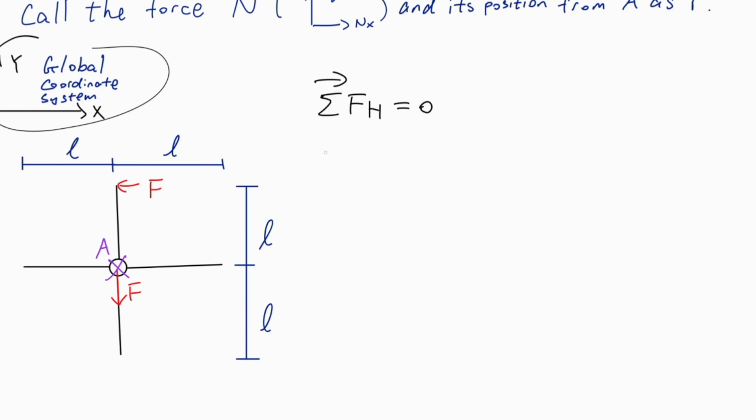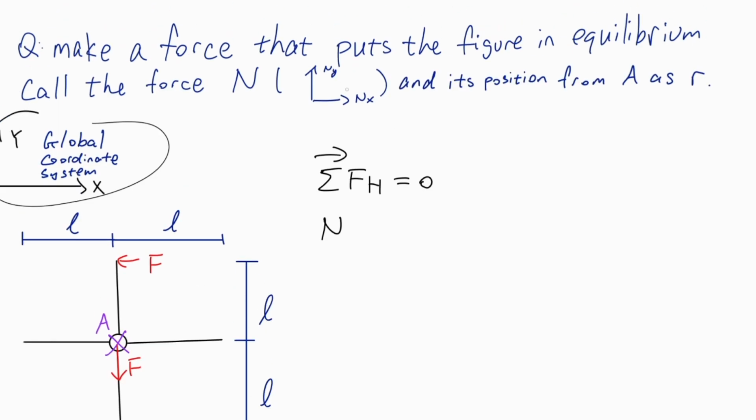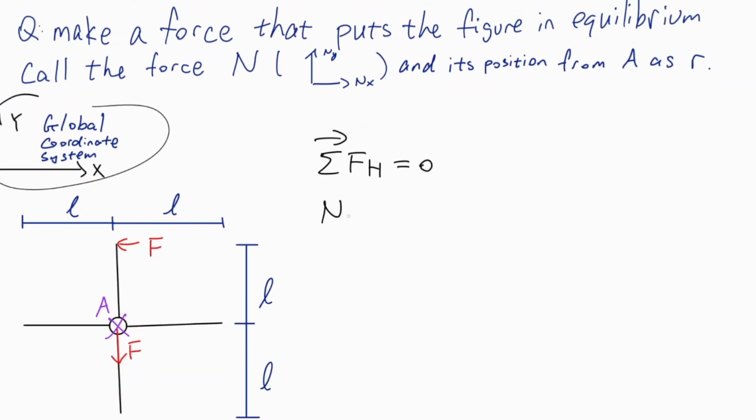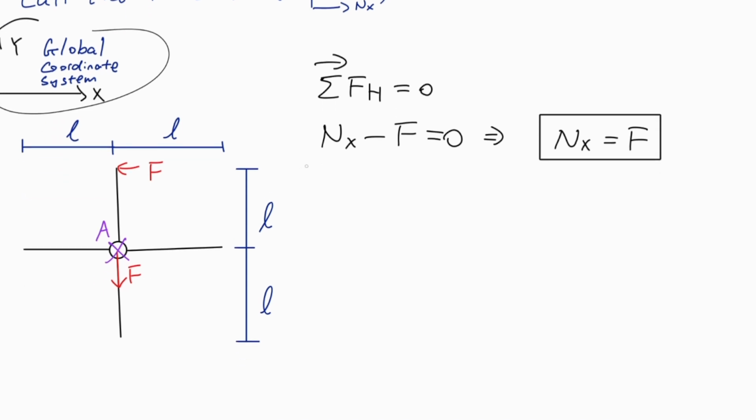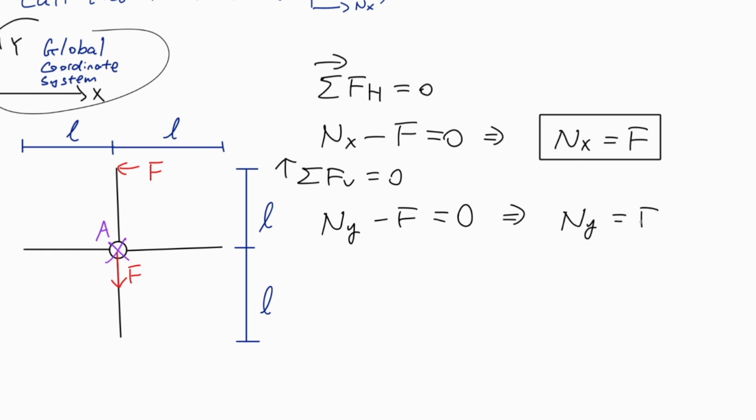I'll do rightwards. So the force we had to call N, so we have to do Nx and Ny. Nx to the right minus point force F is 0, so that gets us Nx is equal to F. Now we do sum of forces vertically as 0, take upwards as positive, Ny minus F is 0, which gets us Ny is equal to F. Very, very simple.